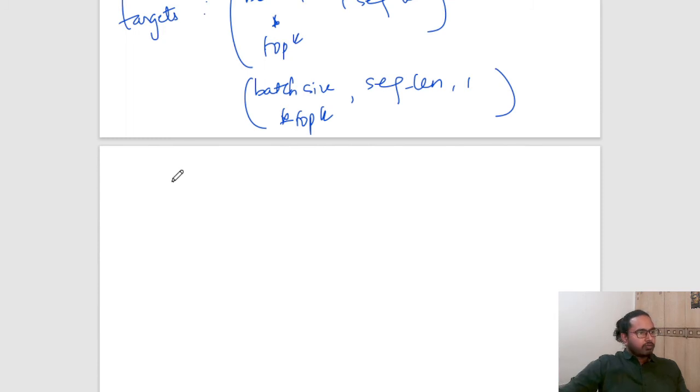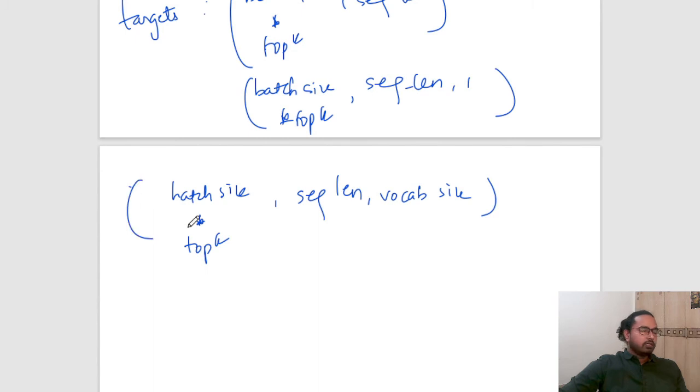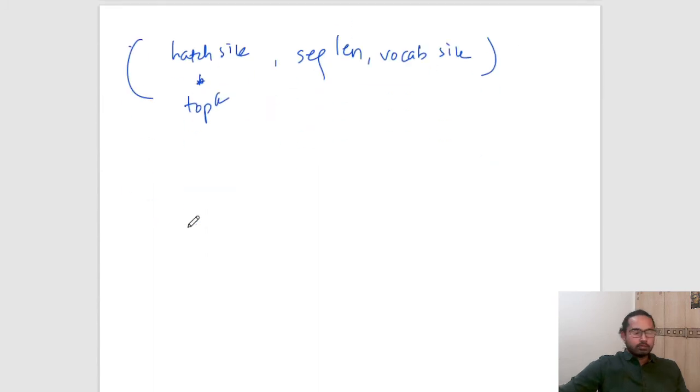So from the QA model, we got the logits of shape batch size times top k, comma sequence length and vocab size. We reshape this tensor to a shape of batch size, comma top k, sequence length and vocab size.